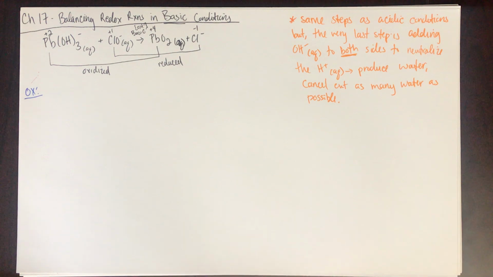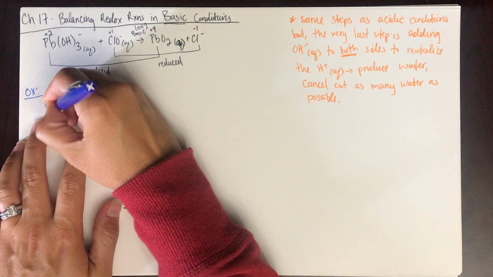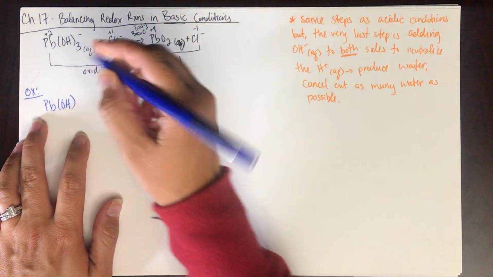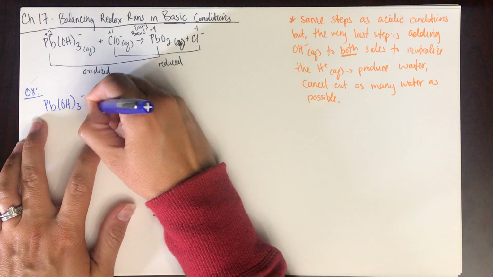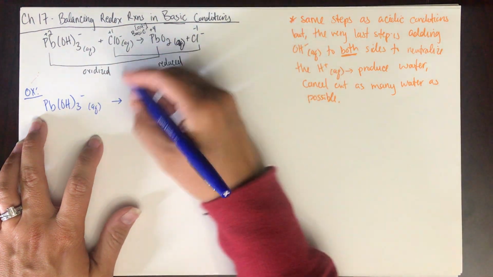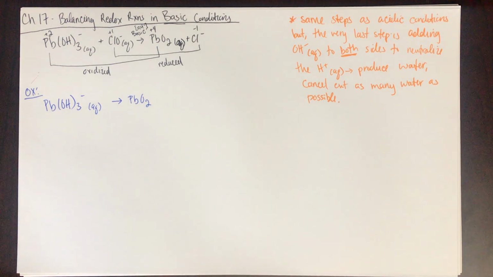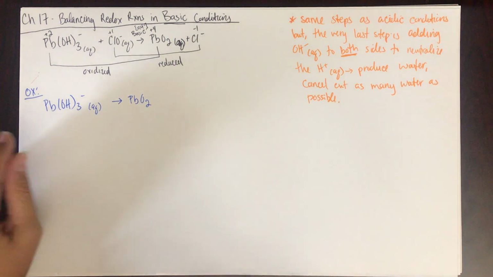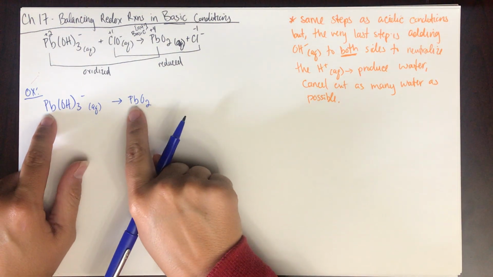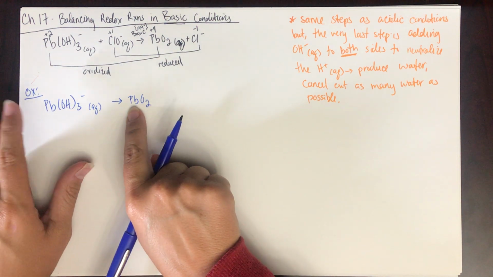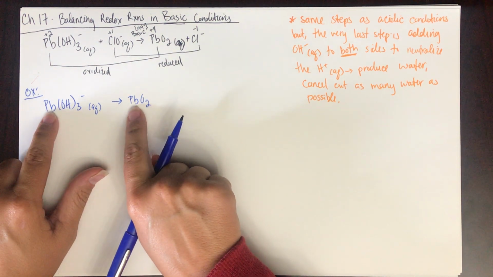So the oxidation half reaction: same order. First, you need to balance the element that is being oxidized. It's already balanced. 1 lead, 1 lead.